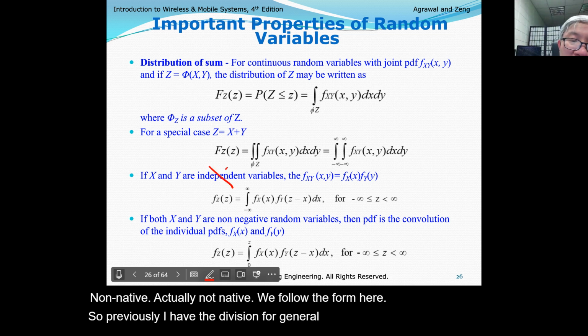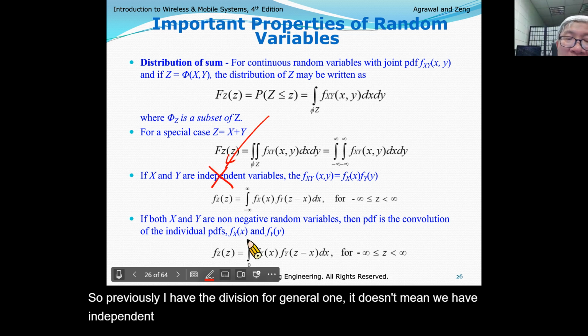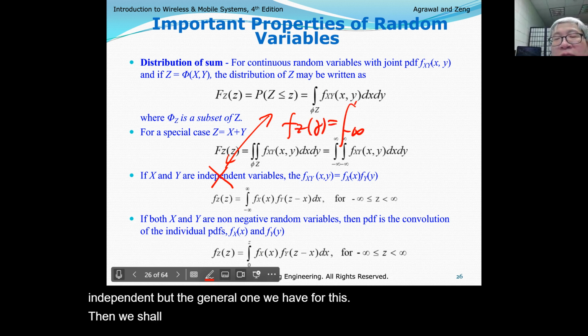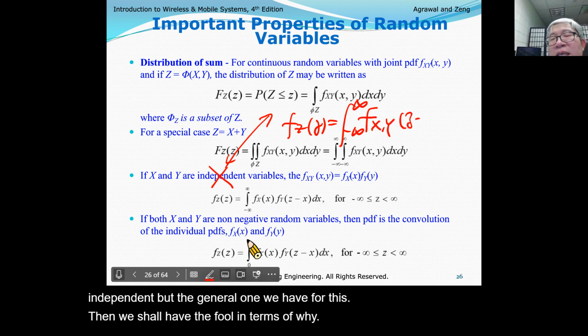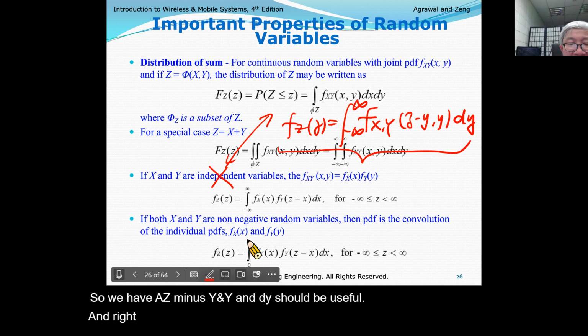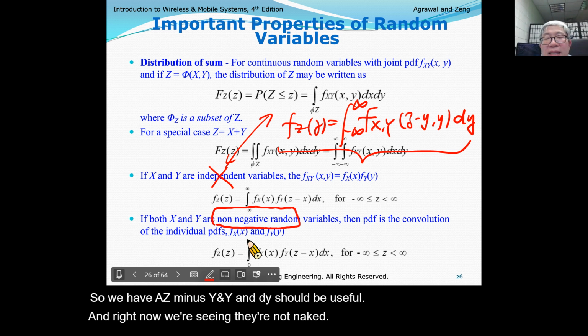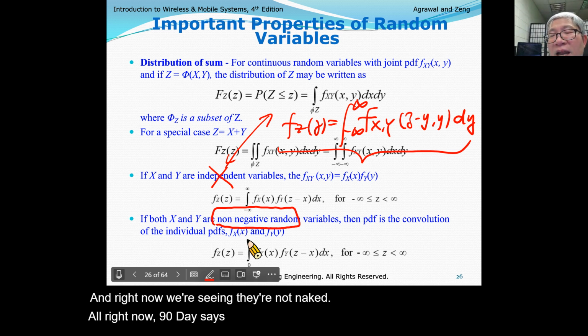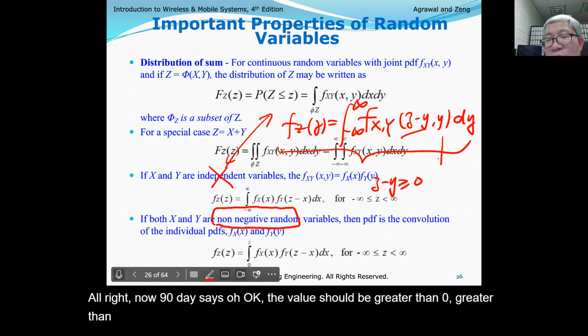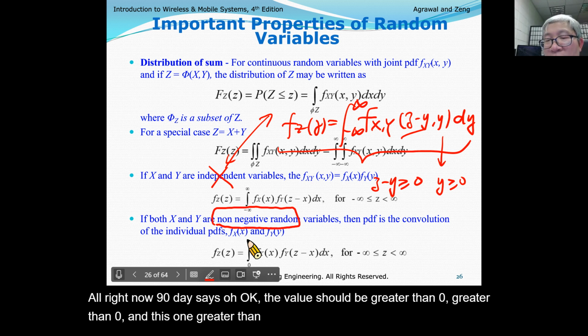It doesn't mean we have independence, but for the general one, we have this: z in terms of y, so we have z minus y and y, dy, should be this form. And right now we are showing they are non-negative, meaning the value should be greater than 0, and this one greater than 0. So we have the result.